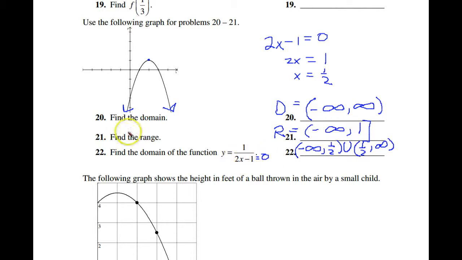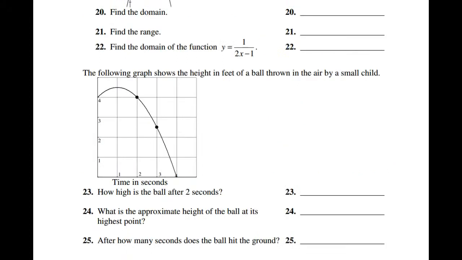Okay, so the following graph shows the height in feet of a ball thrown in the air by a small child. Let's see what else they want here. Okay, I'm glad it's a small child because then the numbers are rather small. Okay, let's work this out here. So how high is the ball after 2 seconds? So we look at 2 seconds, and it's at 4 feet.